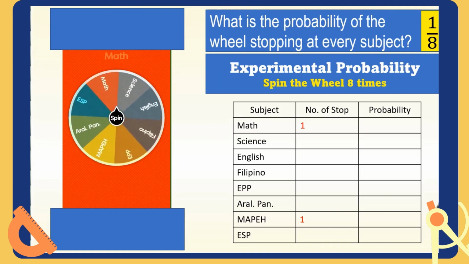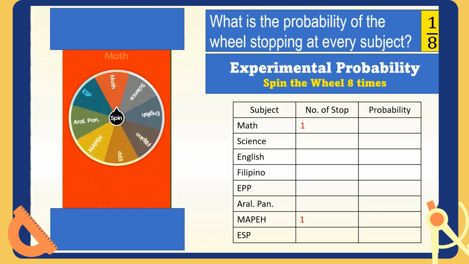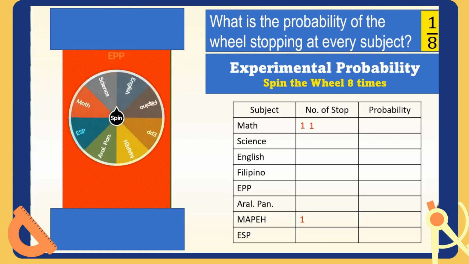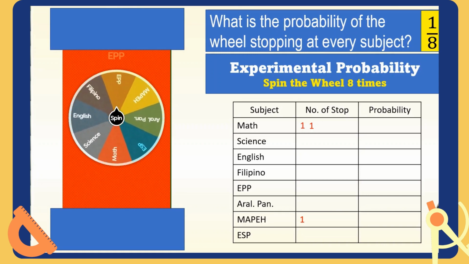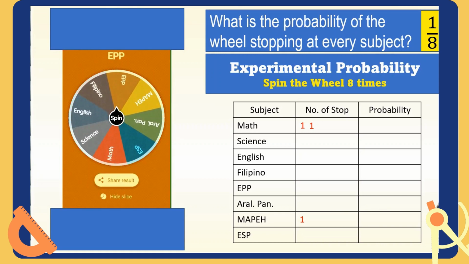So, ito ay huminto naman sa math subject ulit. So, tantusan ulit natin yung math. Okay, so nasa pang-apat na tayo. So, ito ay huminto naman sa EPP. So, tantusan natin yung EPP.